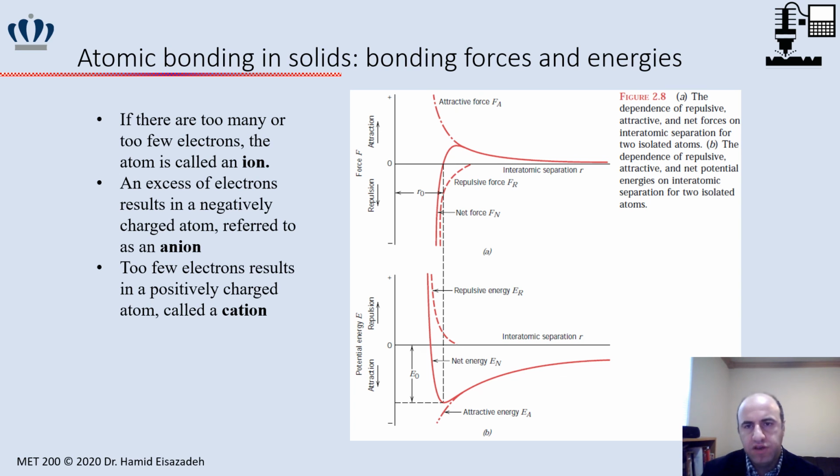Here we have two figures. The top one shows force and energy corresponding to two isolated atoms that are brought into very close proximity from very far separation, or infinite separation. The top side of this figure shows attraction, and the bottom part shows repulsion.